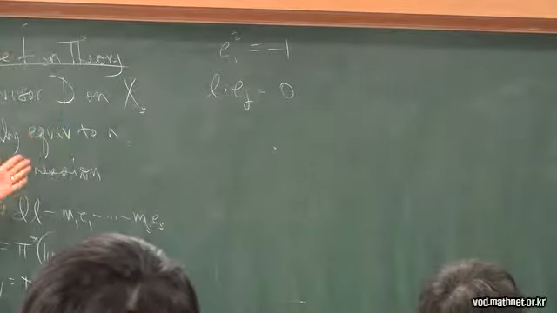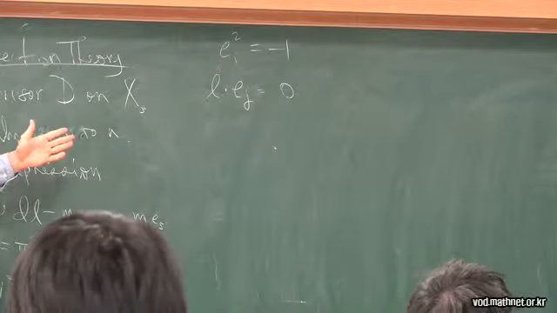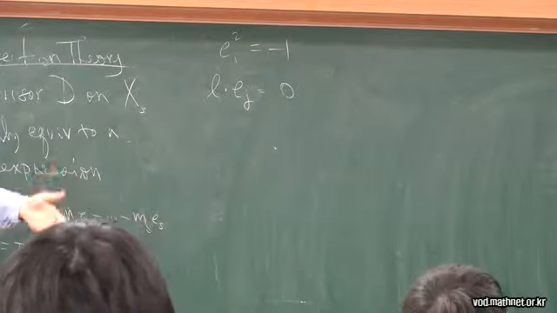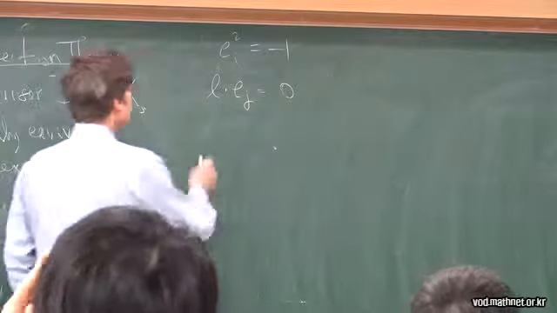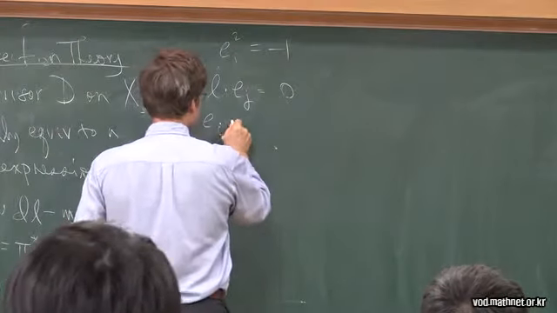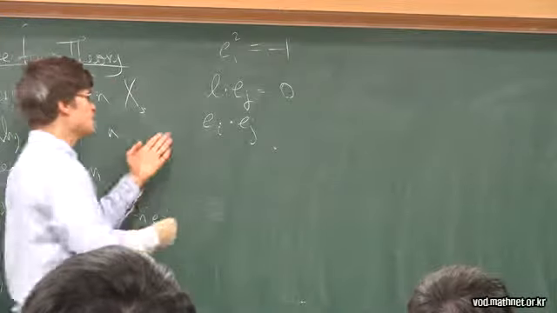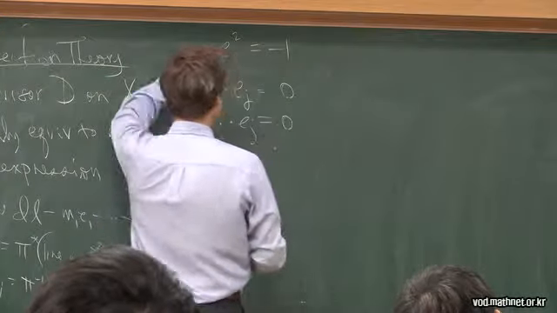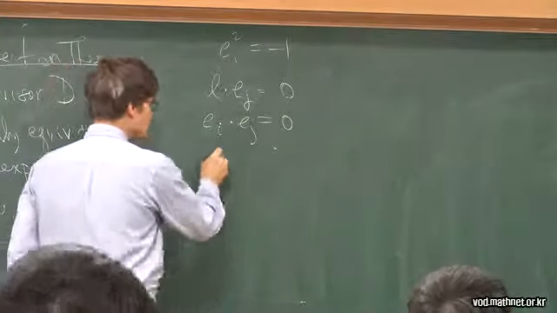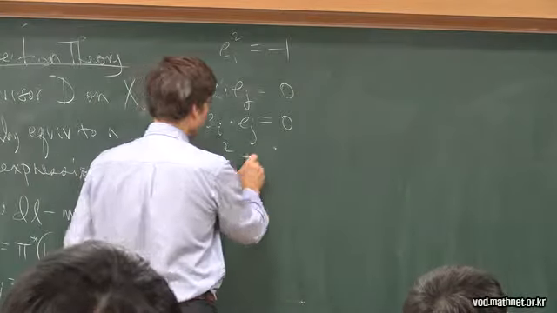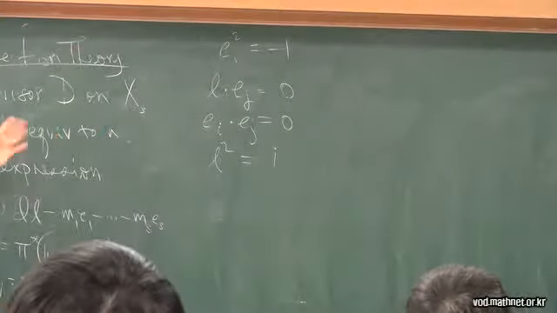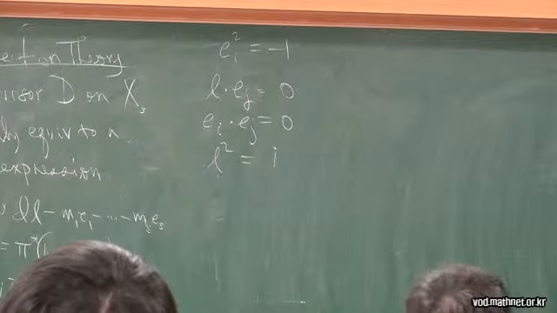The line intersects a blow-up 0 times because you can always pick a line that avoids the class of the blow-up. And the intersection of the blow-ups of distinct points, they don't meet. And so this is going to be 0. And the self-intersection, of course, L squared, 2 lines meet in a single point. So that gives us the intersection theory.